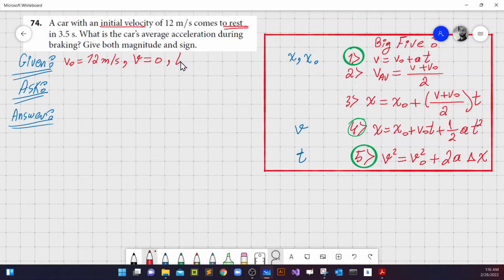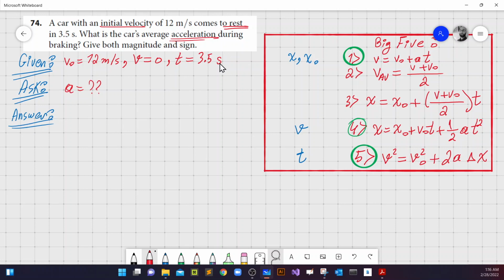So the time needed to come to rest is 3.5 seconds. What is the car's average acceleration? So we need to find the average acceleration in this case during braking. Give both magnitude and sign. Magnitude means the numerical value, and the sign means whether it's a positive or negative sign.